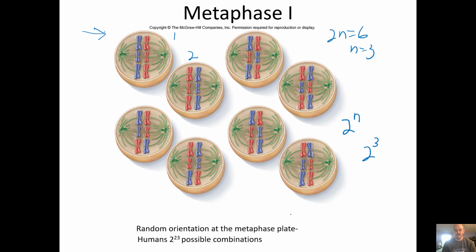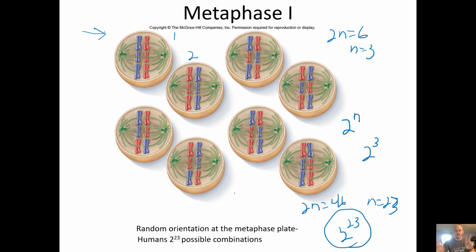For human beings, 2n equals 46, so n equals 23. So 2 to the 23rd power is how many different combinations of chromosomes are possible without crossing over, just with independent assortment. Whether the paternal chromosome's on the left or the right for every single pair.